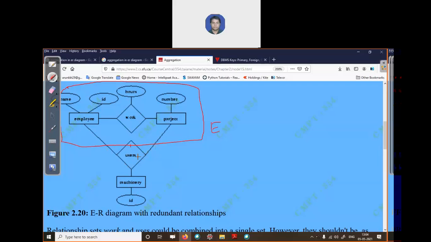This kind of relationship you can show by the aggregation concept. Aggregation is nothing but abstracting our one relationship into a single unit of entity type, or it shows containment. This entity contains this relationship works.